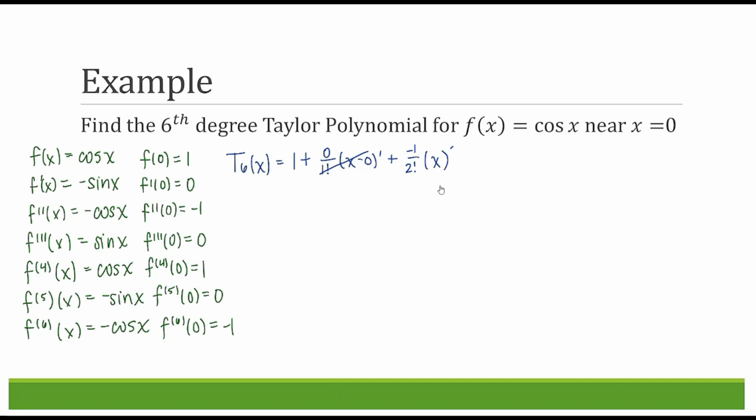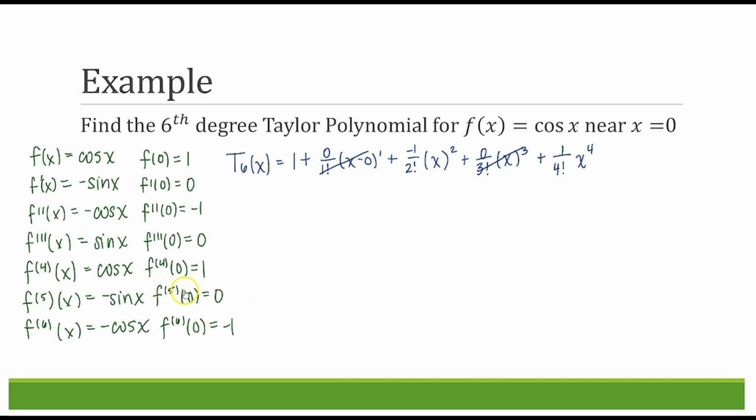Then I'm going to have plus, the third derivative at 0 was 0, so we'd have 0 over 3 factorial, and then x cubed, but that's just going to give us 0. So 0 over 3 factorial is 0, so that term is gone. And then we'll have plus, the fourth derivative at 0 was 1, so we'll have 1 over 4 factorial, and then x minus 0 to the fourth.